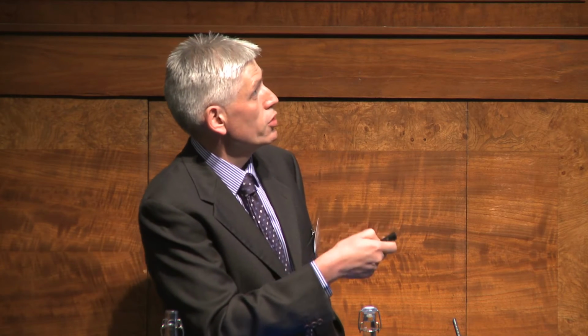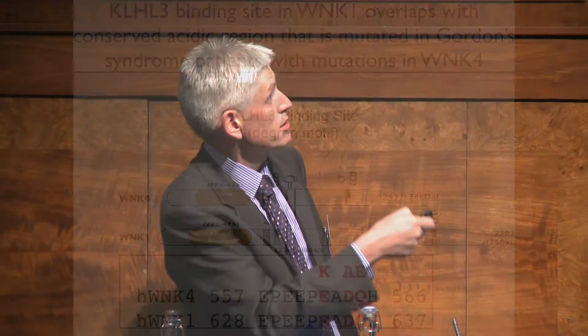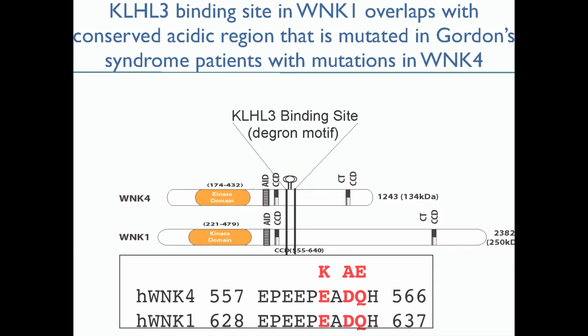because we know obviously KLH3 recognizes Wnt isoforms and binds to them, but we didn't know what the binding site was. What's the degron motif that's critical for mediating the interaction between Wnt isoforms and KLH3? And when we did the detailed experiments to identify the key binding site for KLH3, what was astonishing was that KLH3 actually binds to this same 9 amino acid sequence that is mutated in Wnt4.